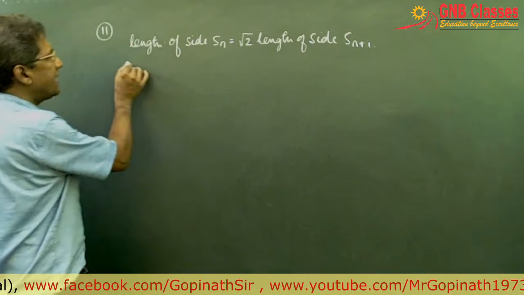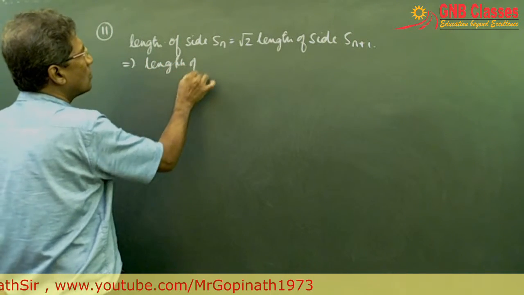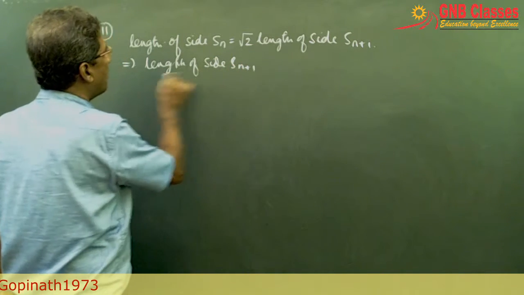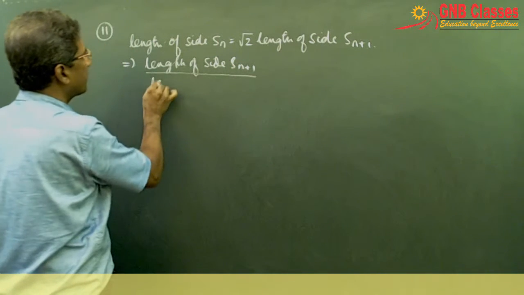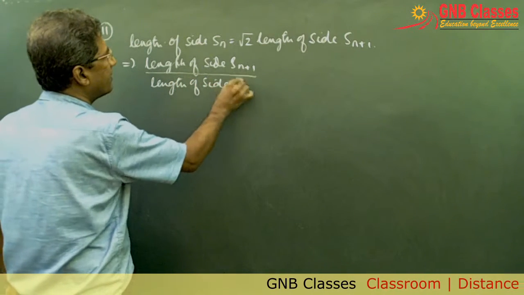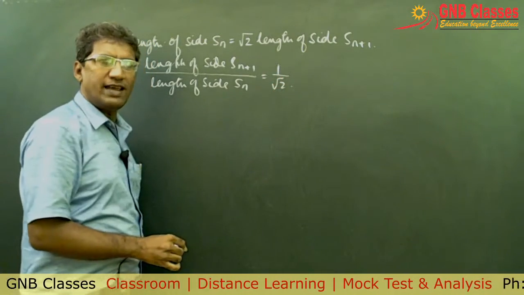So we can write here that the length of side Sn plus 1 by the length of side Sn is nothing but 1 by root 2. Is it clear?